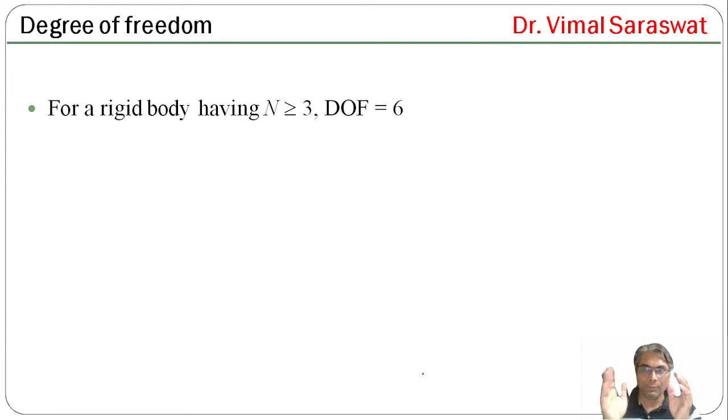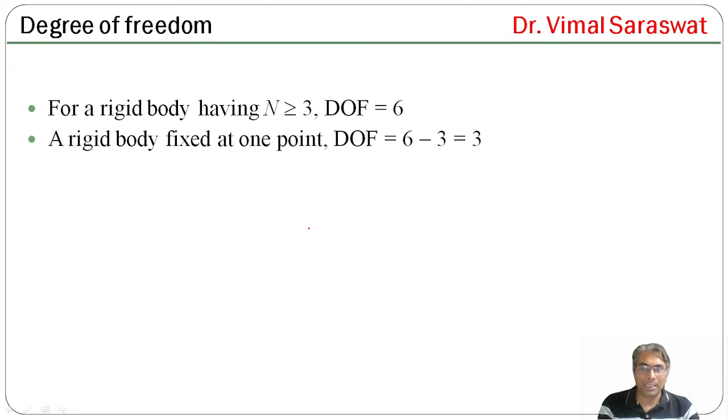Now, for a rigid body having n greater than or equal to 3, that is, if the number of particles in a rigid body is 3 or more than 3, then the degree of freedom for this rigid body will be 6.